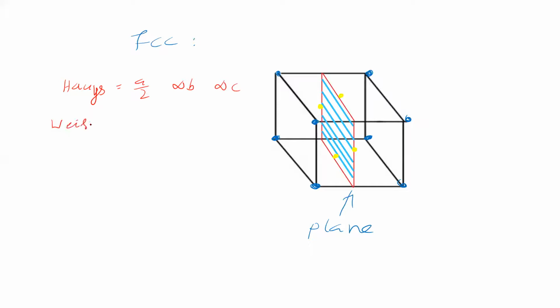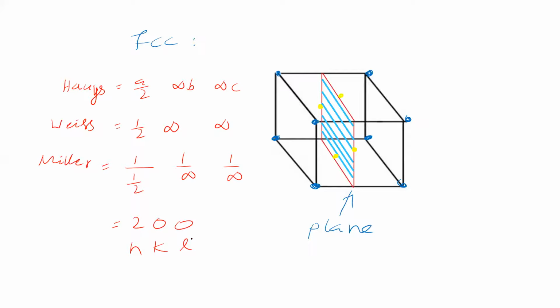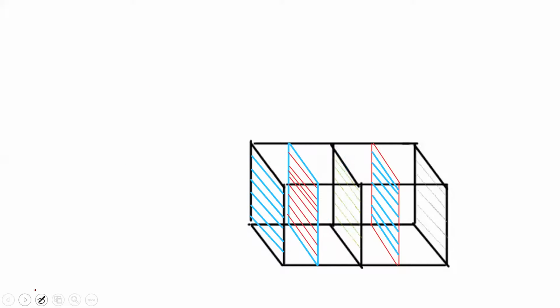Then the intercept coefficients are 1 by 2 for a, infinity for b, infinity for c. Now for the Miller indices, first take the reciprocal of these, then get the simplest ratio. This is hkl, called the Miller indices. So the Miller indices are 2 0 0.